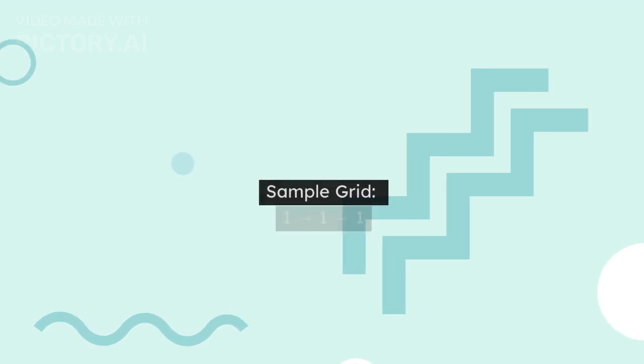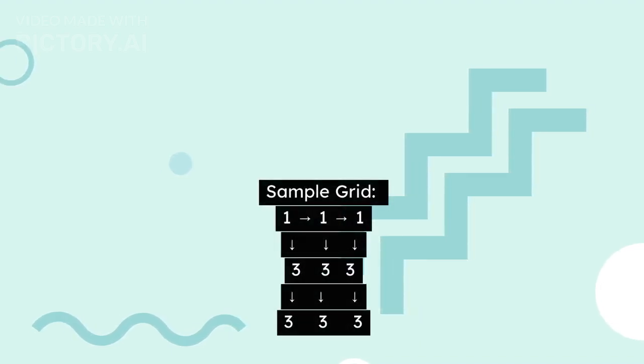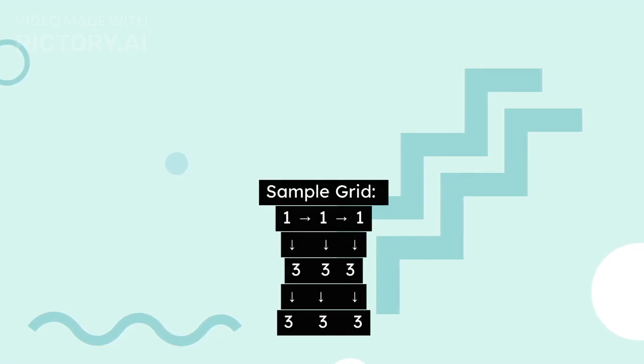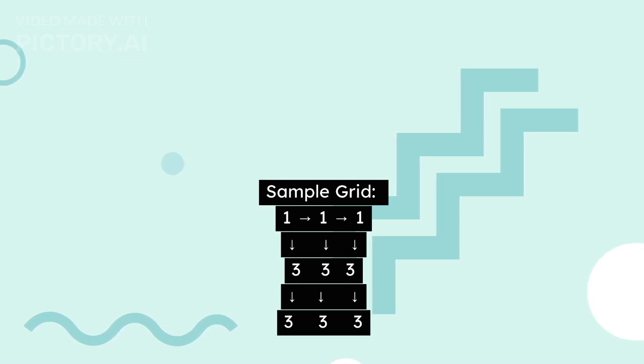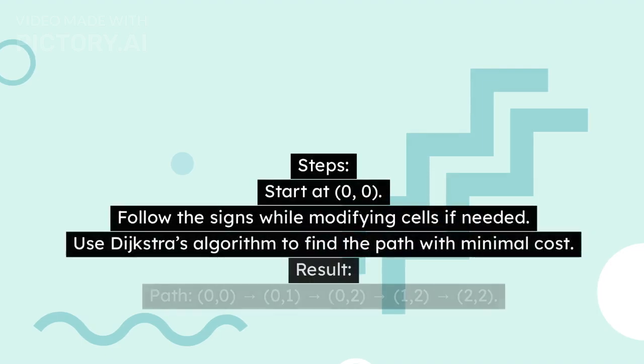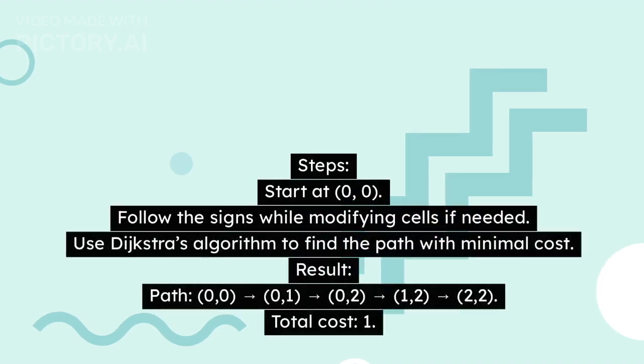Example walkthrough, sample grid. Row one: 1 right arrow, 1 right arrow, 1 down arrow. Row two: down arrow, down arrow, 3 3 3. Row three: down arrow, down arrow, down arrow. Steps. Start at 0, 0. Follow the signs while modifying cells if needed. Use Dijkstra's algorithm to find the path with minimal cost.